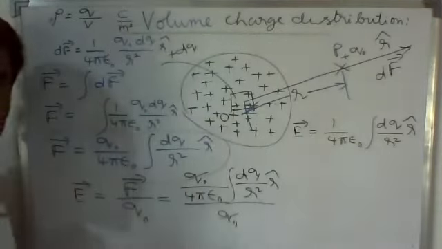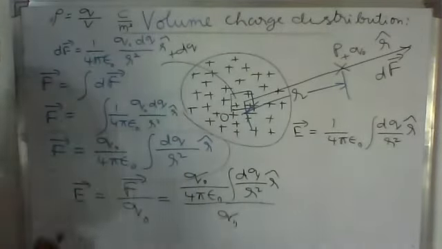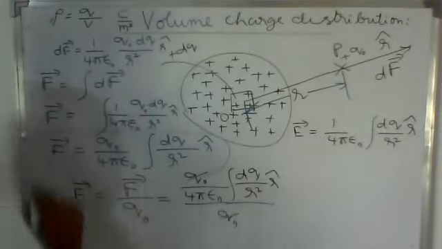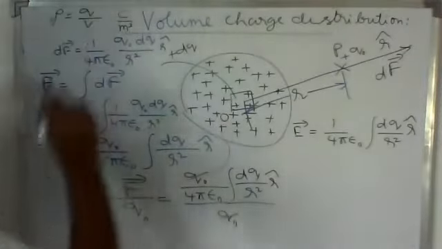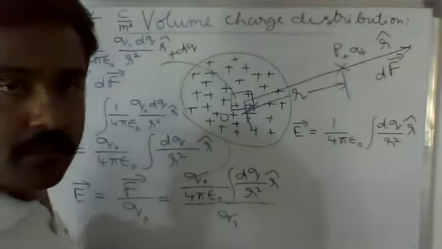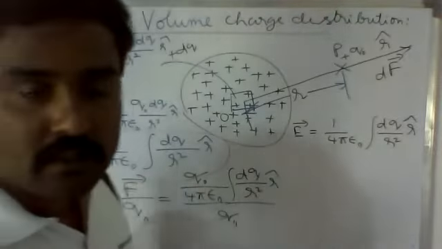This is also very important. Charge is measured in coulomb, volume is measured in meter cube, so coulomb per meter cube is the SI unit of volume charge density.